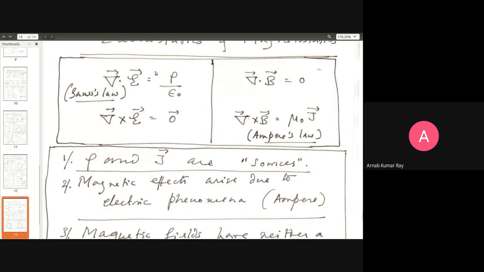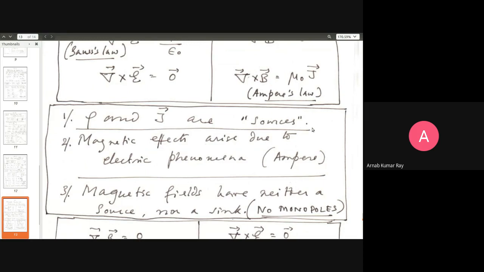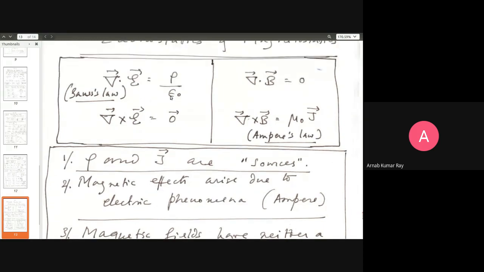So basically on the right-hand side, these contain or convey information only about charges. There is no such thing as a North Pole or a South Pole. I keep stressing this again and again. Be very clear that the reality of nature is that all magnetism is due to physical elements of electricity, namely charges. That is what you have.